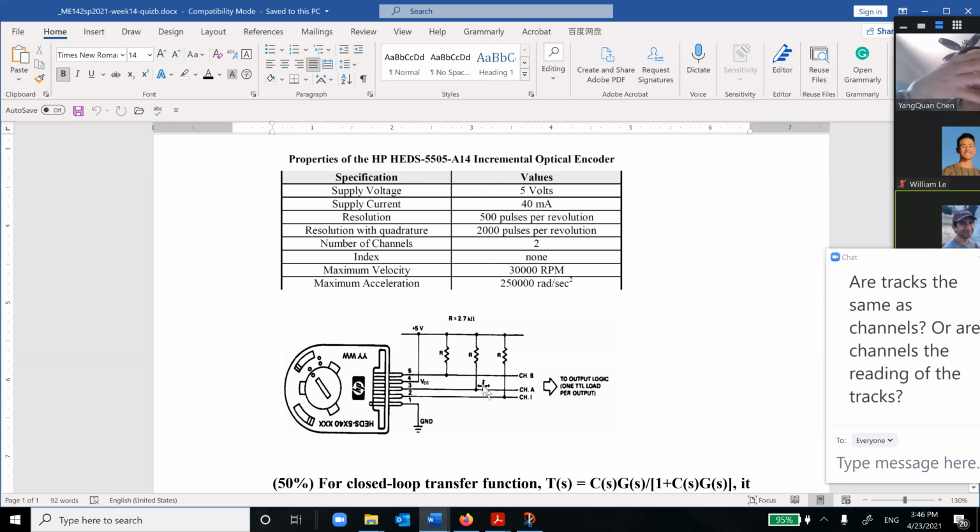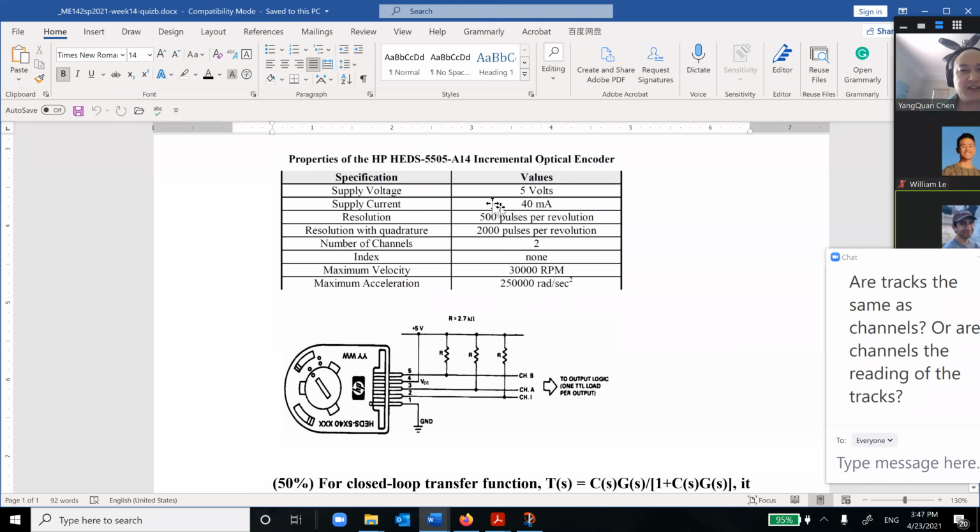Because these signals are supplied to other processing units, they may not have enough logical level, so we provide this pull-up if needed so they can provide enough current. In this case, the resolution is 500 pulses per revolution, and the resolution with quadrature is 2000. So this is 4 times.